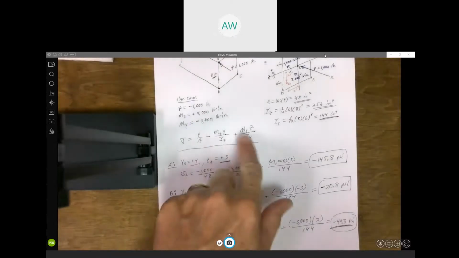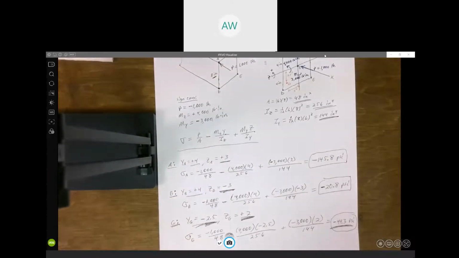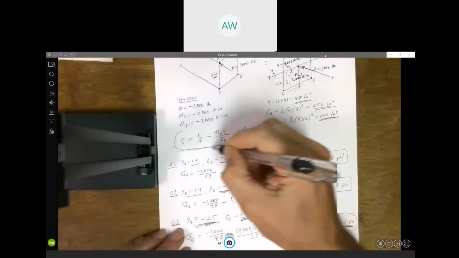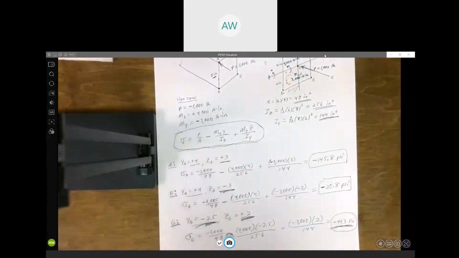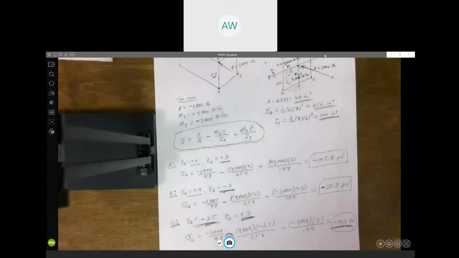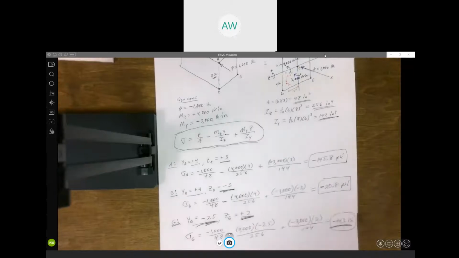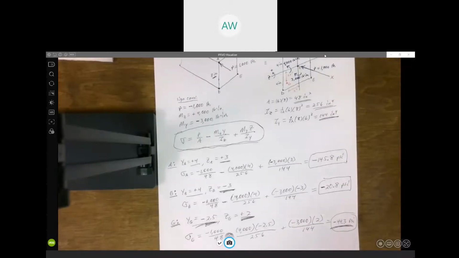This moment in the formula is the moment acting on the cross section. It doesn't change where you're at. So don't do weird stuff. You've got this formula here, and it should be pretty straightforward to calculate the stress at any point on the cross section that you want.